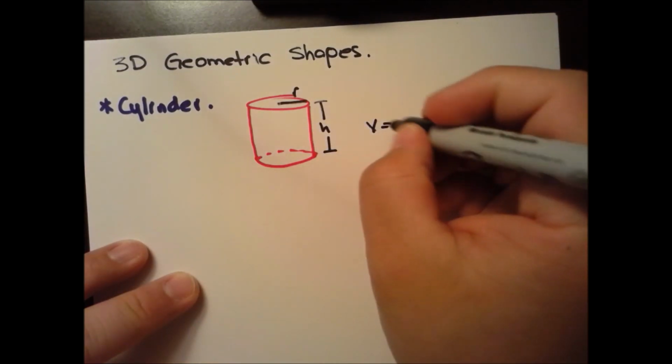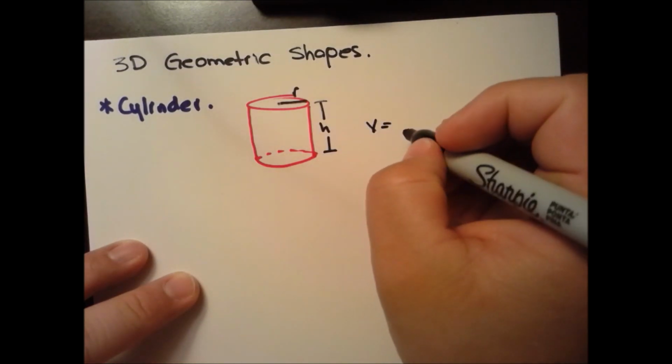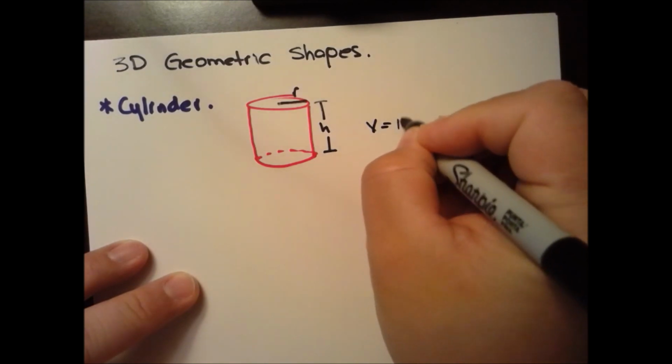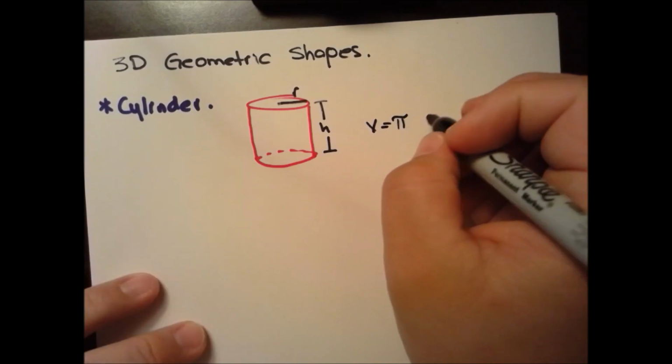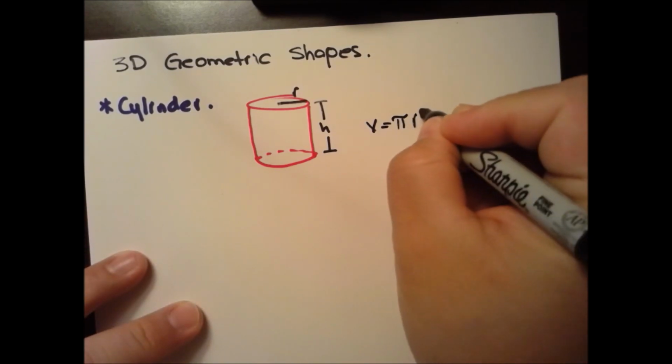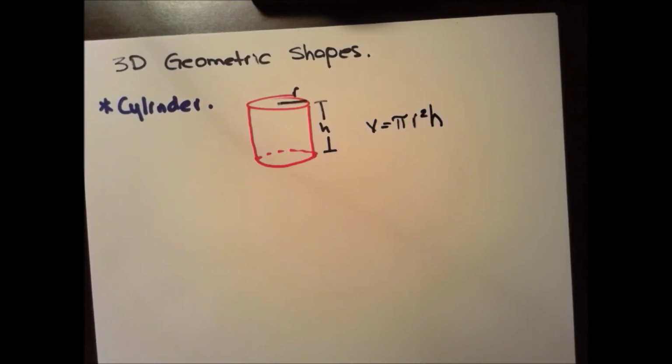So the final formula to calculate the volume is the multiplication of pi times the squared radius times the height.